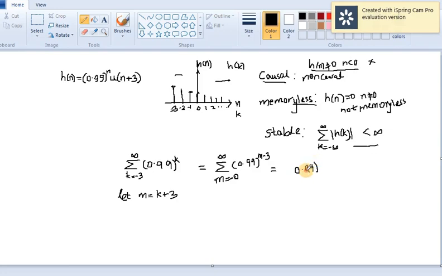Then this summation can be written as summation m from 0 to infinity, 0.99 raised to this m. That's it. And we know that it is in the standard form.